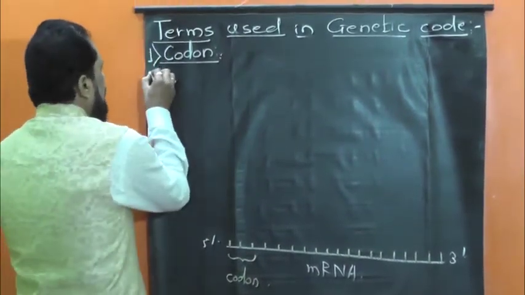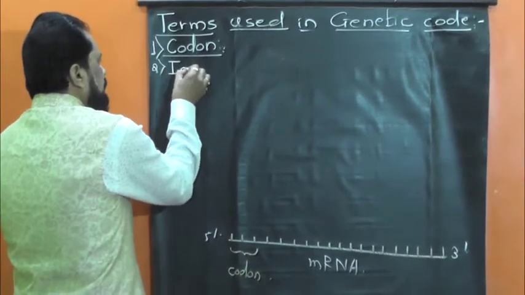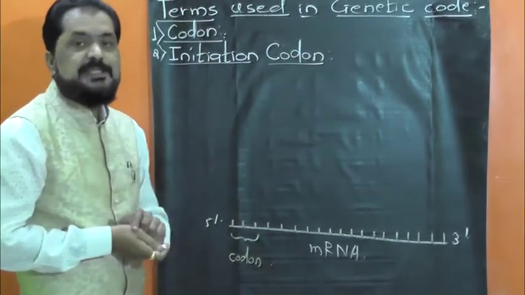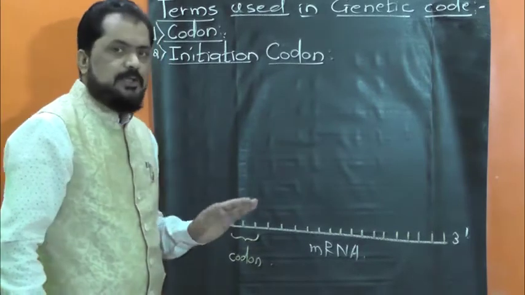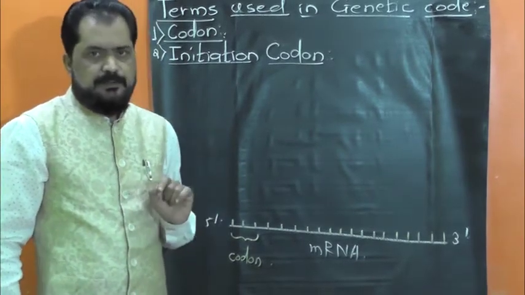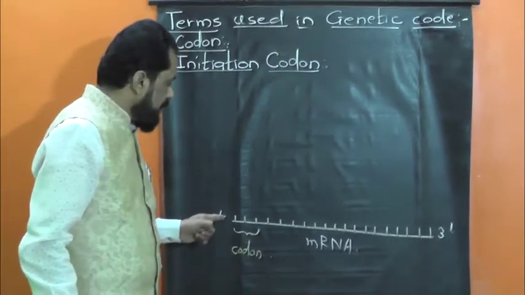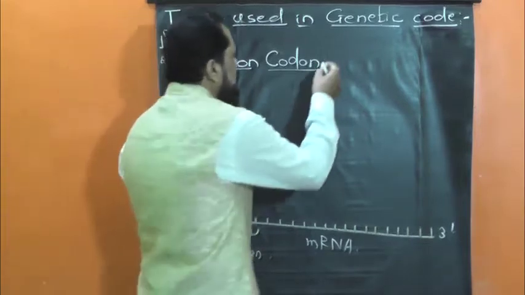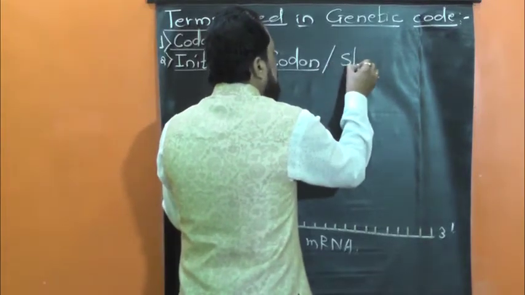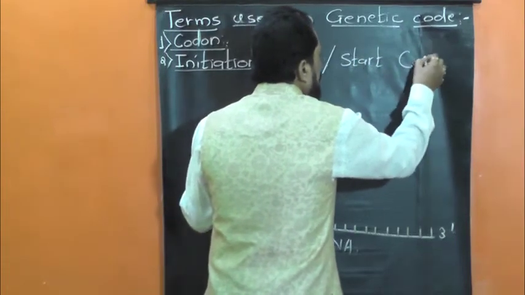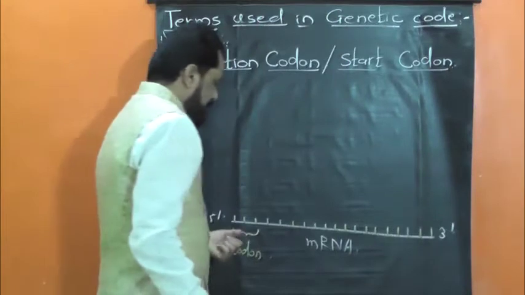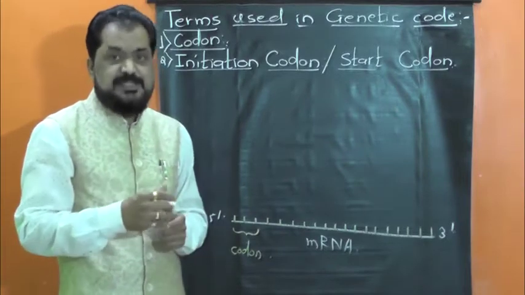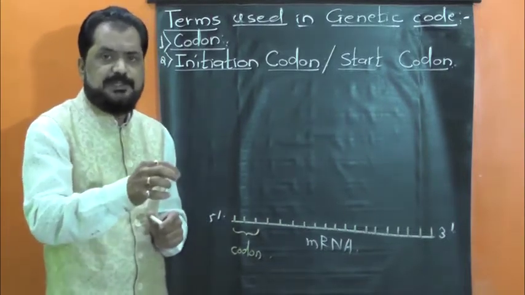Come to the second, that is initiation codon. The codon present at the 5' end of messenger RNA is known as initiation codon, or maybe known as start codon, because this first codon present at the 5' end of messenger RNA initiates, starts the process of protein synthesis.